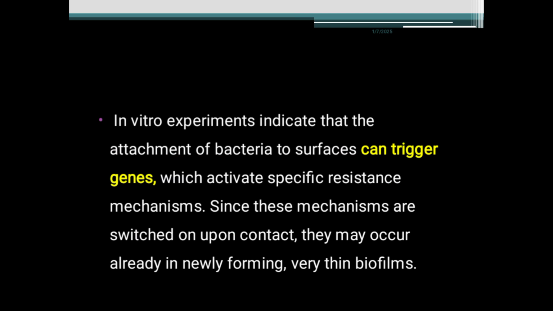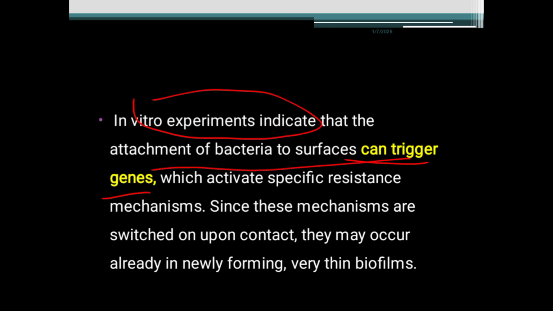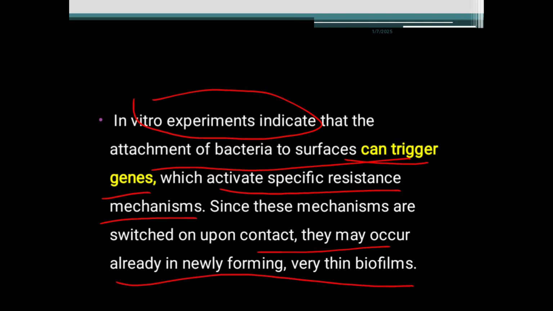In vitro studies indicate that bacterial attachment to surfaces can trigger genes, which activate specific resistance mechanisms. These mechanisms are switched on by contact, and they can occur uniformly in every thin biofilm.